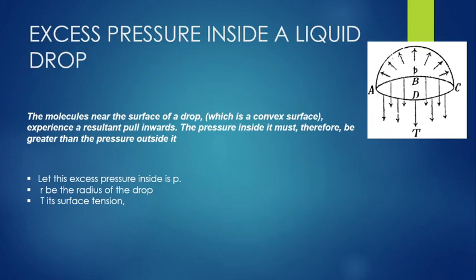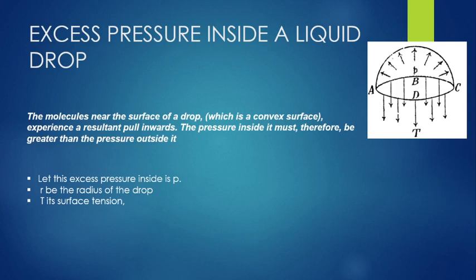Let's move to the expression for the excess pressure inside a liquid drop. The figure shows a liquid drop of radius r, and the liquid surface is a convex surface. What is the speciality of the convex surface?